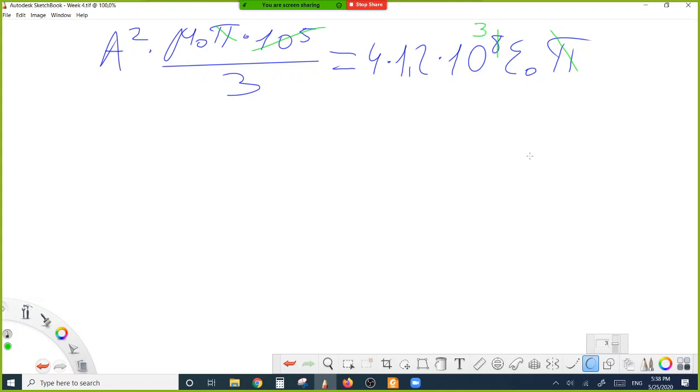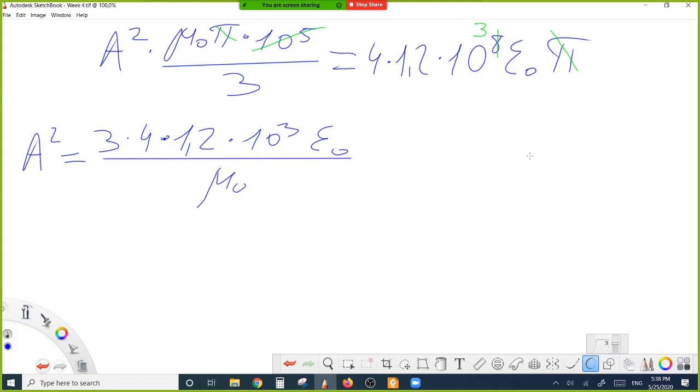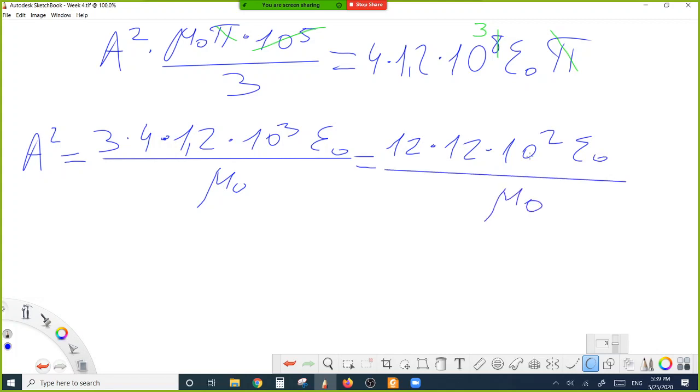Here we will remain only 3, and a squared is equal to 3 multiplied by 4 multiplied by 1.2 multiplied by 10 to the power 3 epsilon 0 divided by mu 0, or 12 multiplied by 12 multiplied by 10 to the power 2 epsilon 0 by mu 0, and a will be equal to the square root of this.